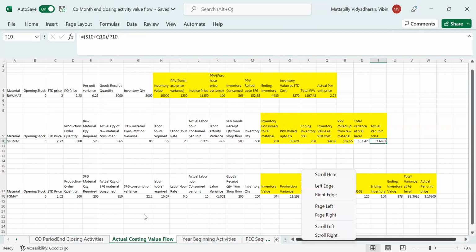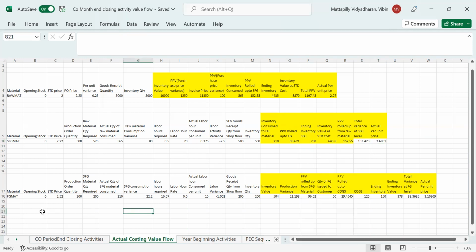Now come to the FG level. Okay, let's assume opening stock is 0, standard price is 2.52. We are creating a production order to produce 200 quantity of material. The SFG material quantity required to manufacture 200 quantities, 200 SFG material is required as per the BOM.